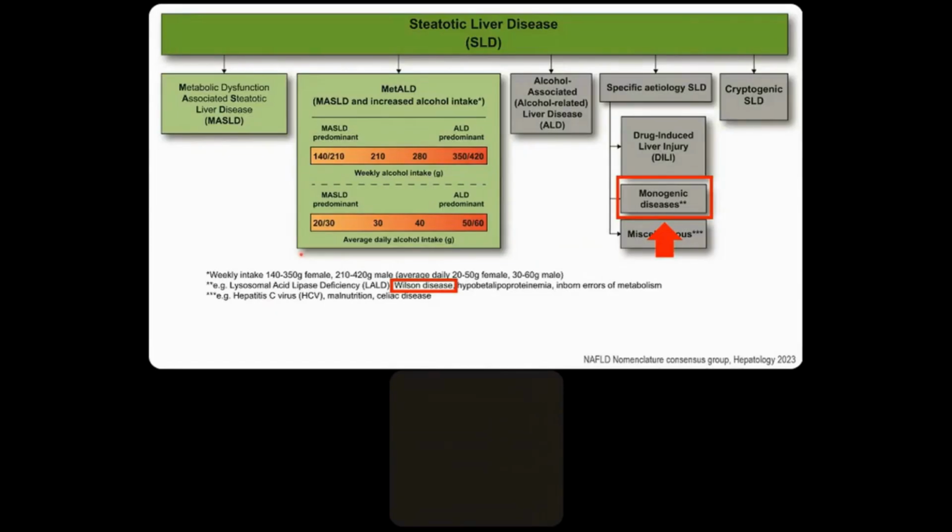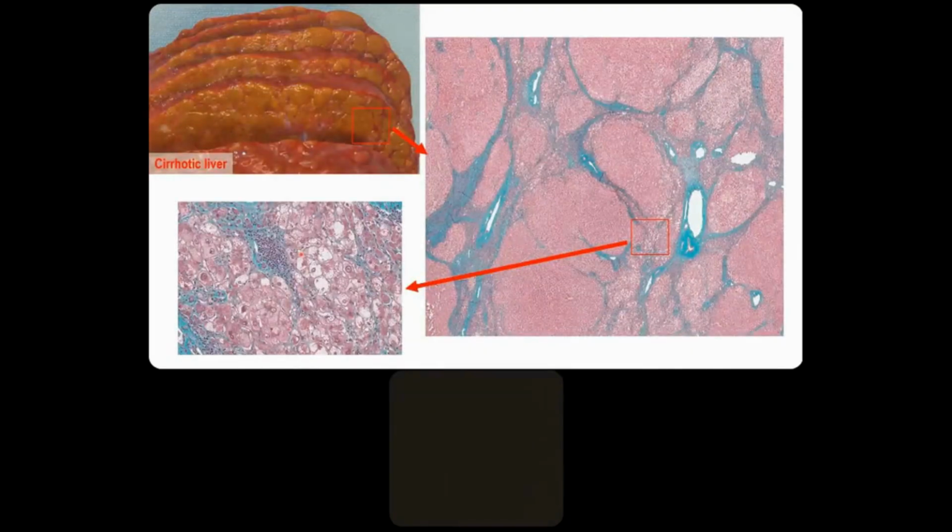Moving on to monogenic diseases associated with hepatic steatosis. Here is an explanted liver with cirrhosis, which you can see under the microscope here on this trichrome stain showing the bridging fibrosis with distorted nodular architecture. On higher magnification of this area, you can see that there is hepatic steatosis and numerous balloon hepatocytes.